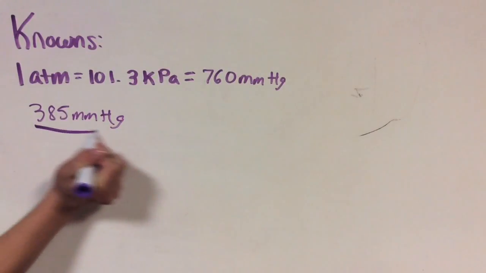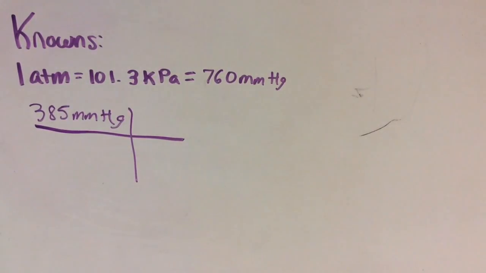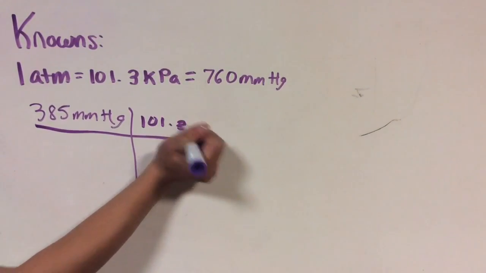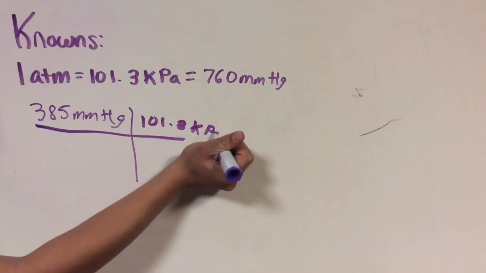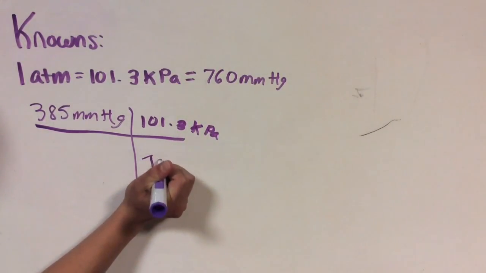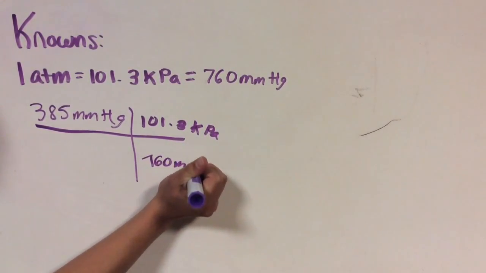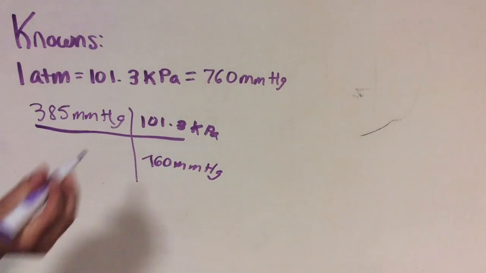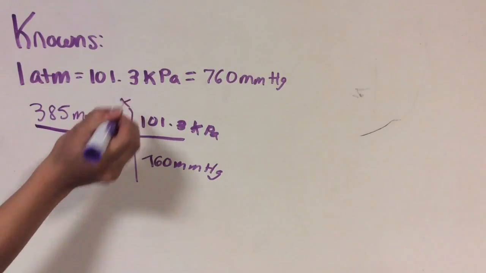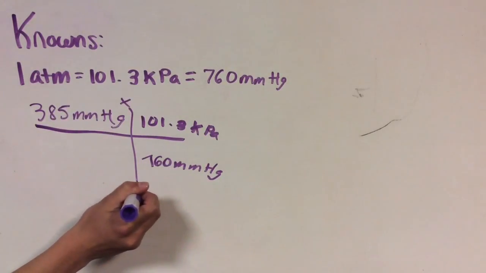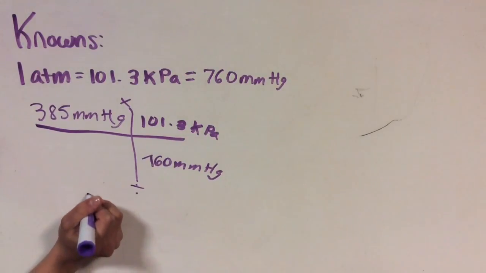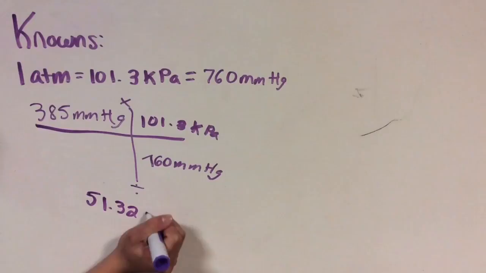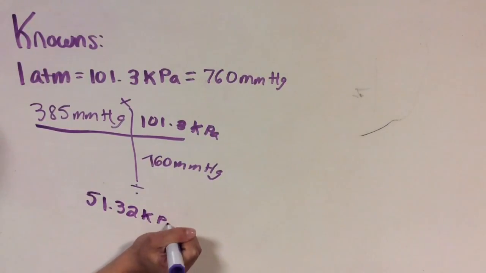Then you're going to make your train tracks once again, and put that over 101.3 kilopascals and 760 millimeters of mercury. You're going to multiply this, and then divide by this, and that gives you a final answer of 51.32 kilopascals.